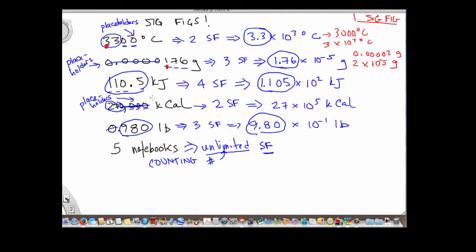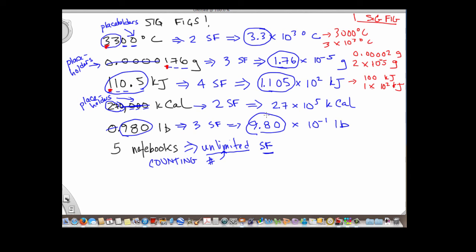In our third example, here's our 1 sig fig. Our next digit is less than 5, so we don't need to round up. So we would rewrite this as 100 kilojoules, or 1 times 10 to the second kilojoules.